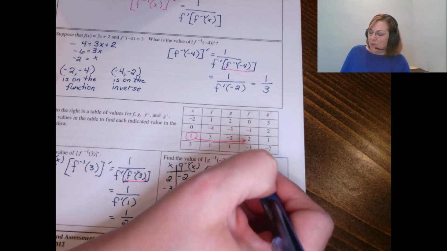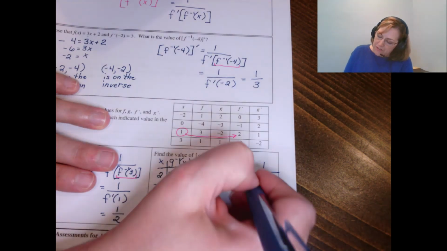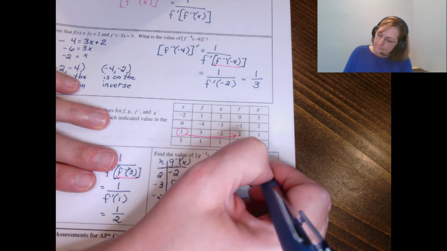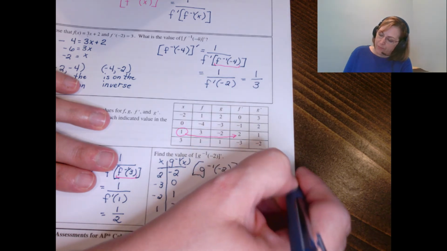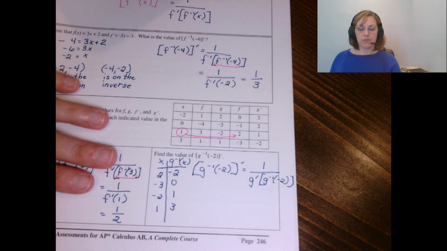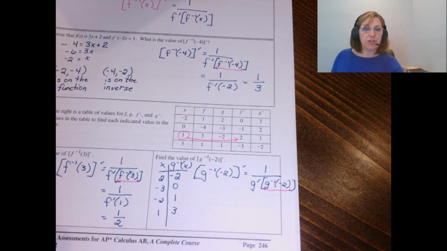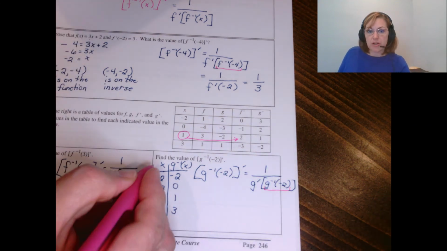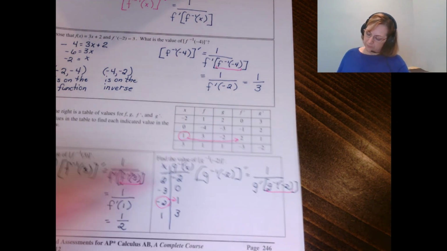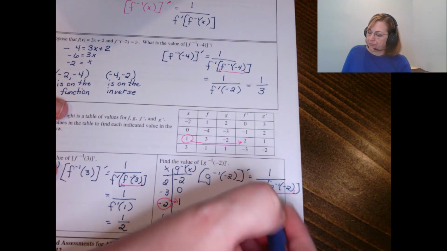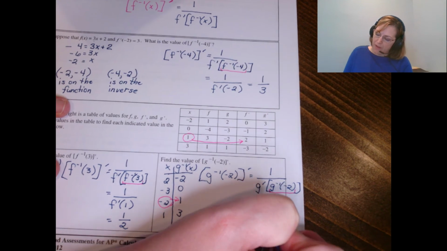I know I'll do 1 over the derivative of the function of g at the inverse of g of -2. Okay, again, on the very inside, that g inverse of -2. Go to your g inverse chart, look at when x is -2, and that's 1. So you're really looking for 1 over g prime of 1.